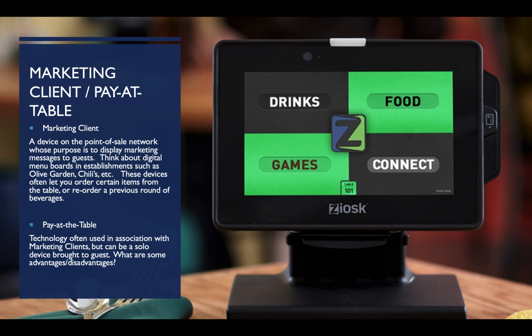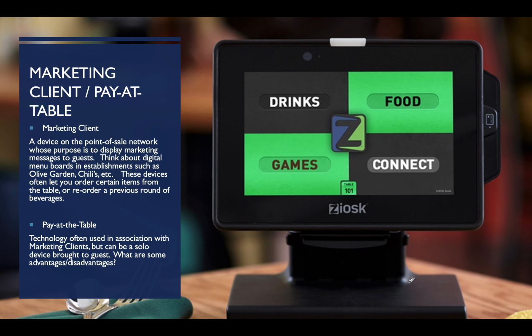So putting this there and expecting the guest to use it, and automating that service, could be difficult, and you could be losing a guest base that you previously had if you're trying to implement this type of program.